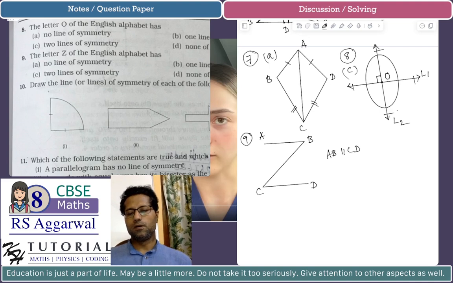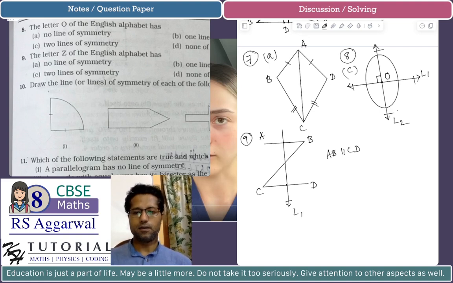Now, if you draw a vertical line passing through the midpoints of AB and CD, let's say this line, L1, passing through the midpoints of AB and CD.